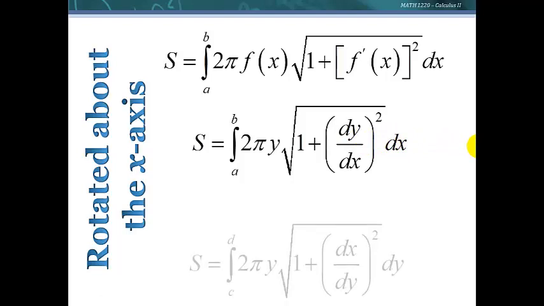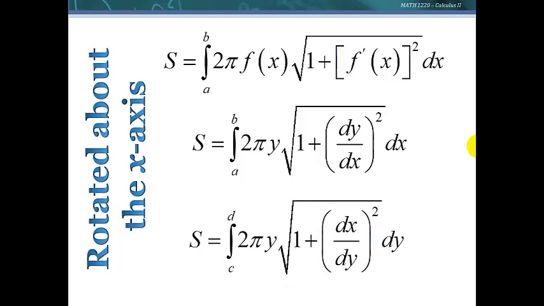So we could turn those around and have dx/dy here and then dy, and we would want to do this if we had x as a function of y. And then the other important thing to remember if we change these places is that our limits of integration would be two values for y. So there are different ways that we can express this rotated around the x-axis.